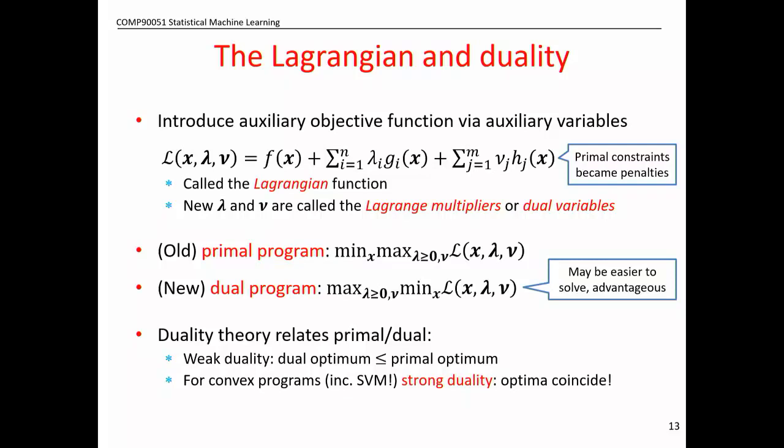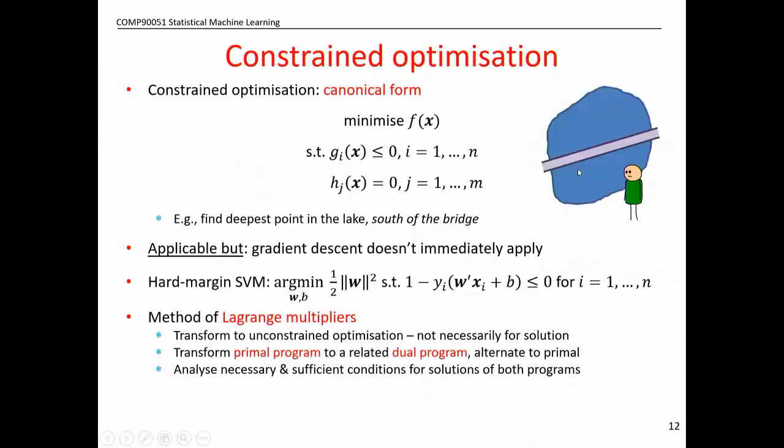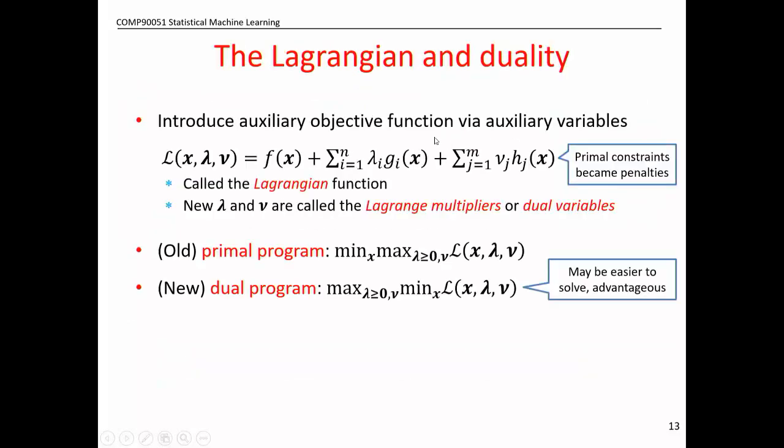But basically, if you think of this picture, you want the constraint set to be a convex set. So you draw a line between any 2 points in the set. It can't leave the set. So these things have to define convex sets. And then the objective function has to be convex as well. And the SVM satisfies that.